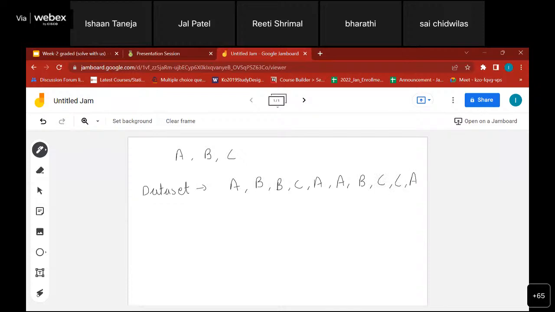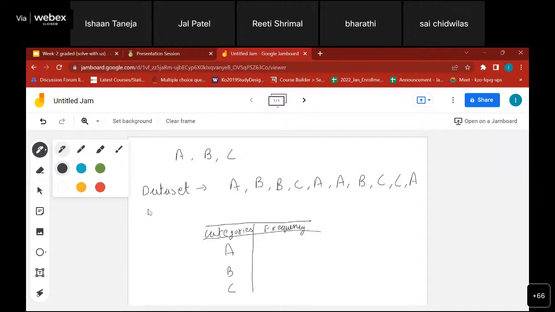So I can make a table to represent the categories I have. In the first column, I can write down the distinct categories I have, and the frequency represents the number of times the specific category is occurring in my data set. So my unique categories here are A, B, and C. And if you notice carefully, A is occurring 4 times.